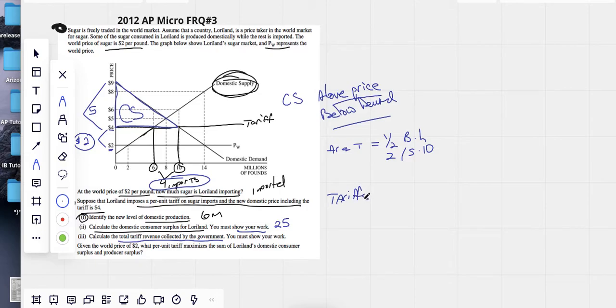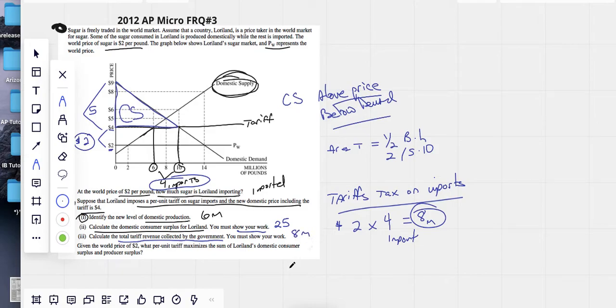We think of tariffs as being a tax on imports. So the tariff, the $2, times the amount of good that comes into our country, or the import, would give the government $8 million of revenue.